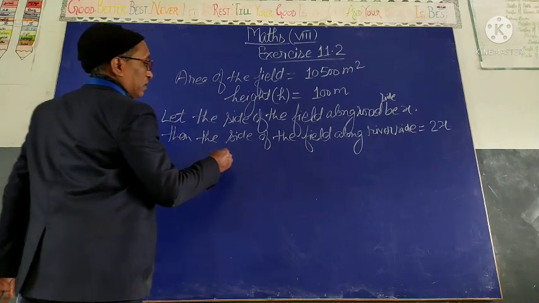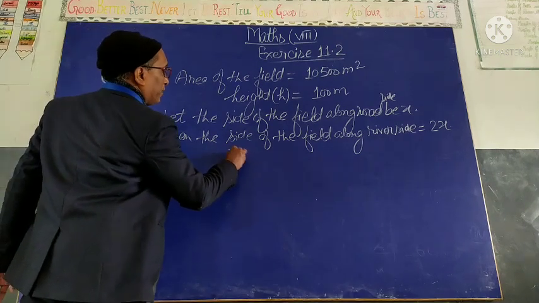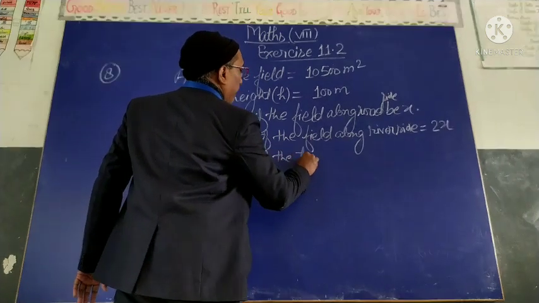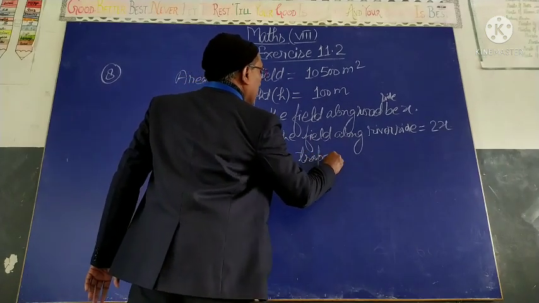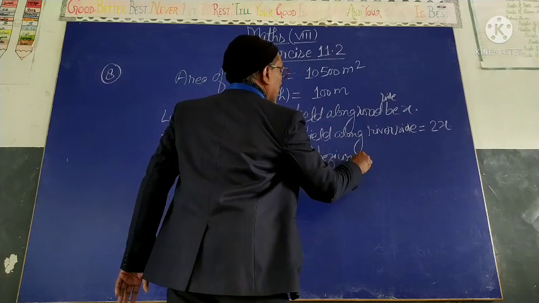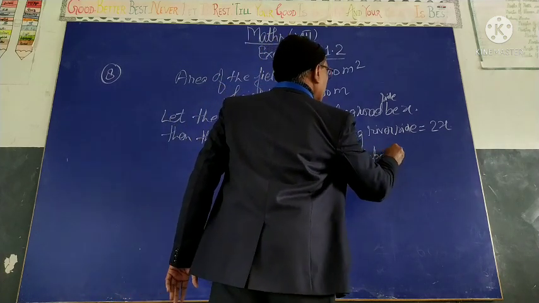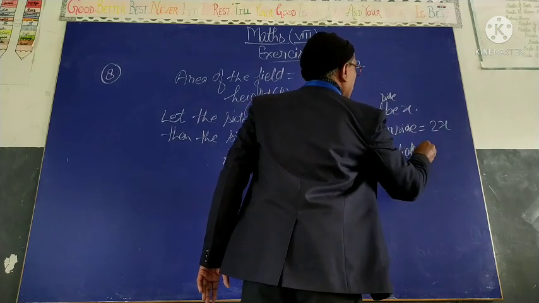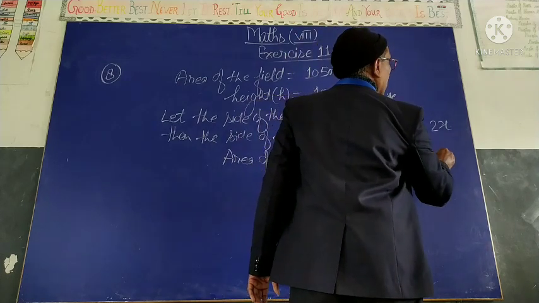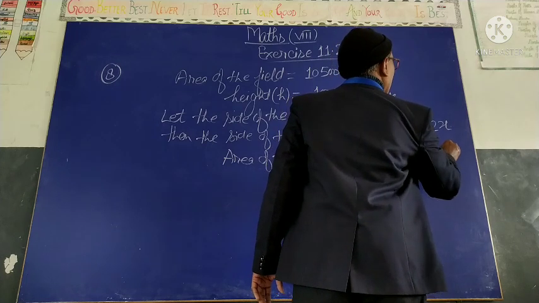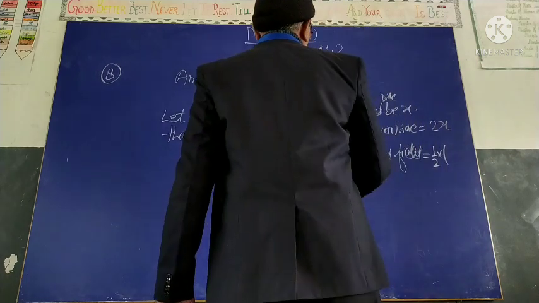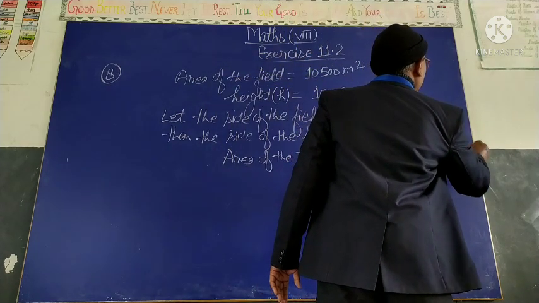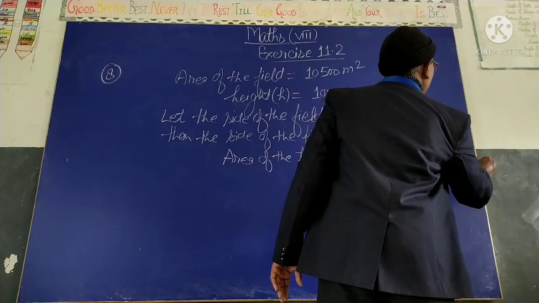Okay, then you write down area of the trapezium shaped field is equal to 1/2 into sum of the parallel sides, means x plus 2x into 100.